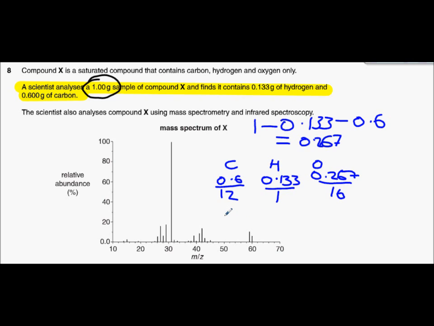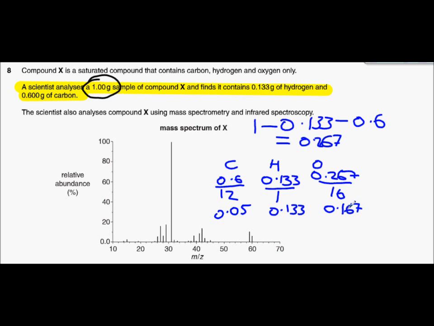They come out as 0.05, hydrogen obviously 0.133, and oxygen 0.167.